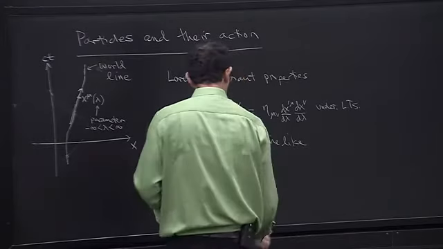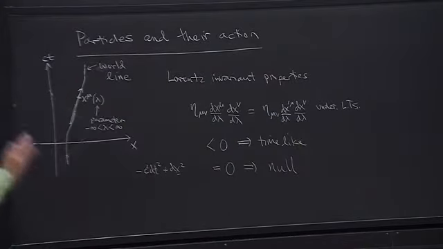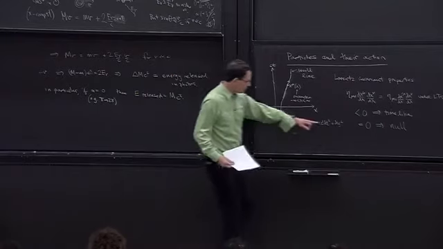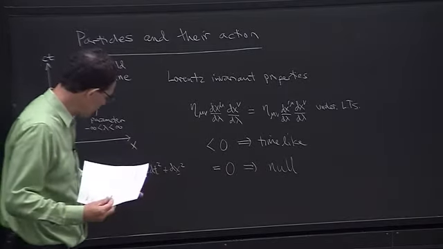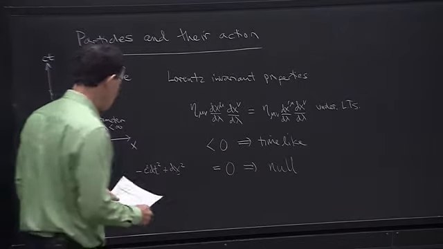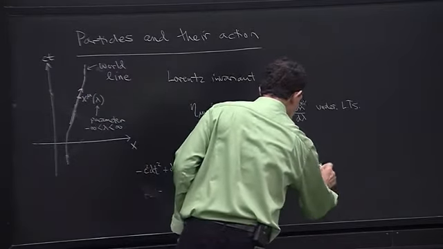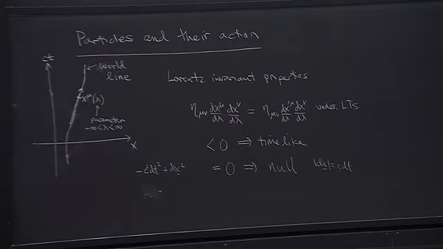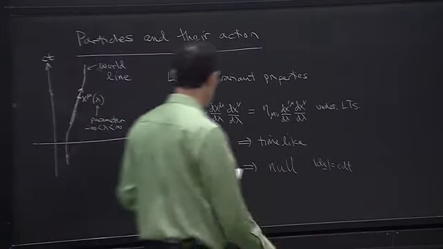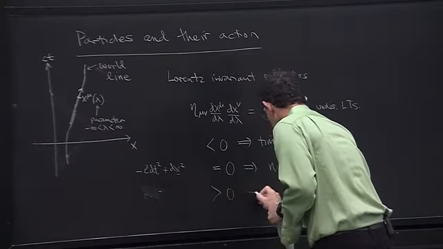If this quantity is 0, we call it null. That's if the particle is moving at the speed of light, so that mod dx equals c dt. That's what photons do. Photons or light waves move at the speed of light, so we call them null. And if it's bigger than 0, we call this space-like.